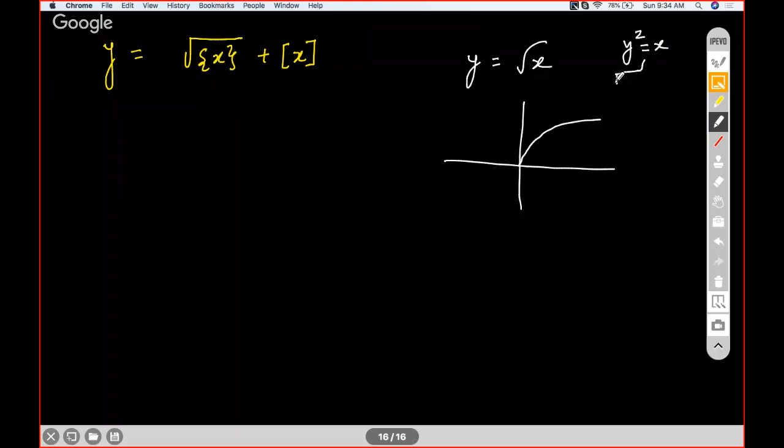It has two graphs: y equal to root x and y equal to negative root x. The part which is below is y equal to negative root x. So I just need the upper part of the graph. That would be helpful for you in plotting this.